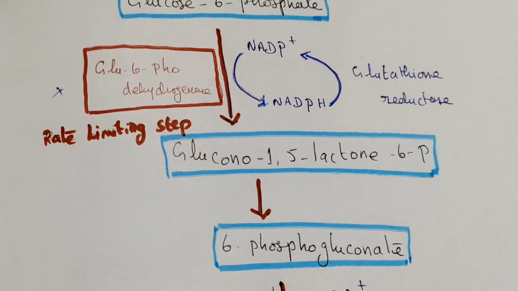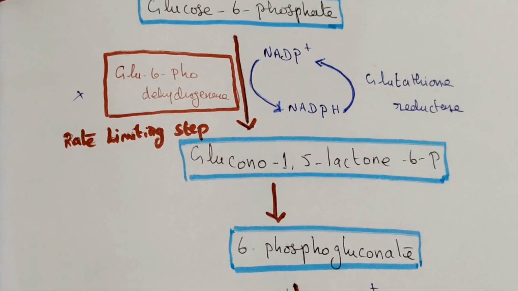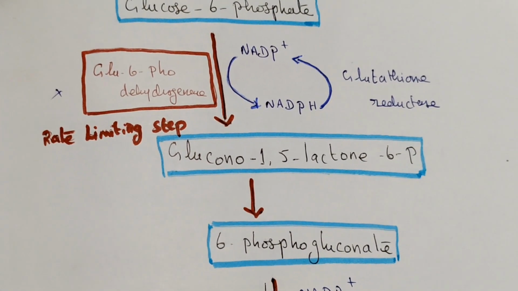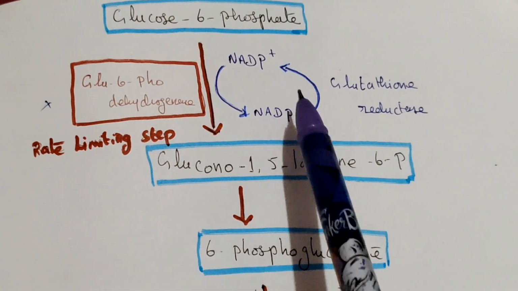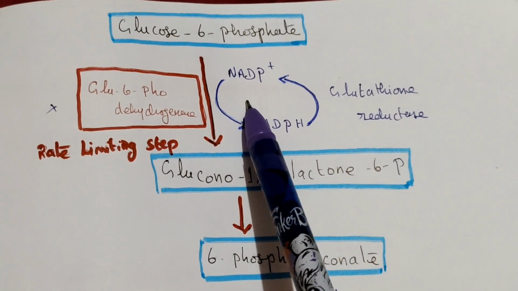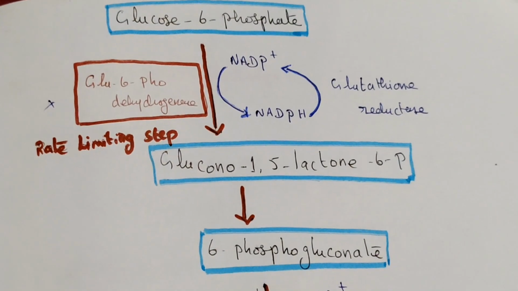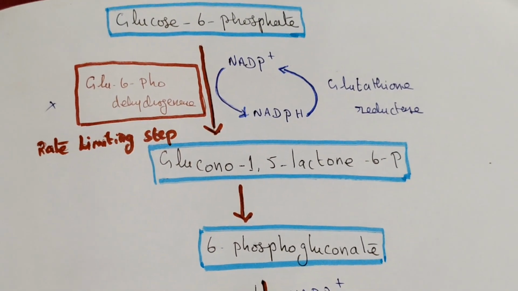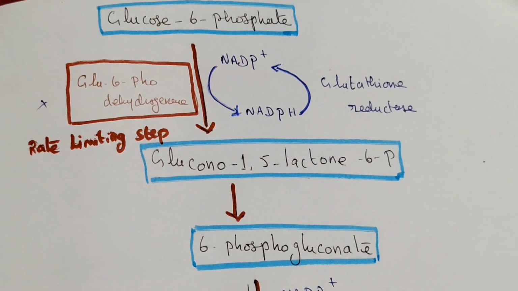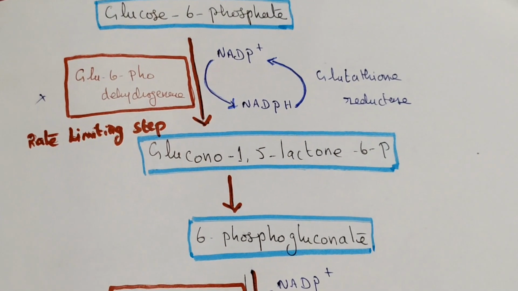That NADPH that is generated can be utilized by glutathione reductase. This NADPH is utilized by glutathione reductase to reduce the amount of reactive oxygen species.